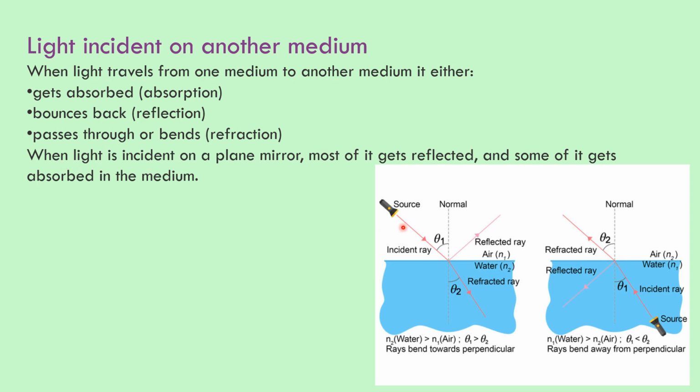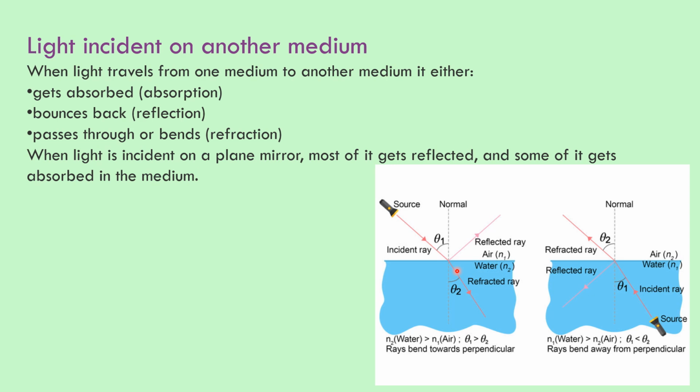Let us discuss here. When light rays enter from air to a water medium, this is the incident ray. Some of the rays get reflected and some get refracted. Then this light bends towards the normal. This is the normal. The normal is nothing but the line drawn perpendicular to the surface of the two media.